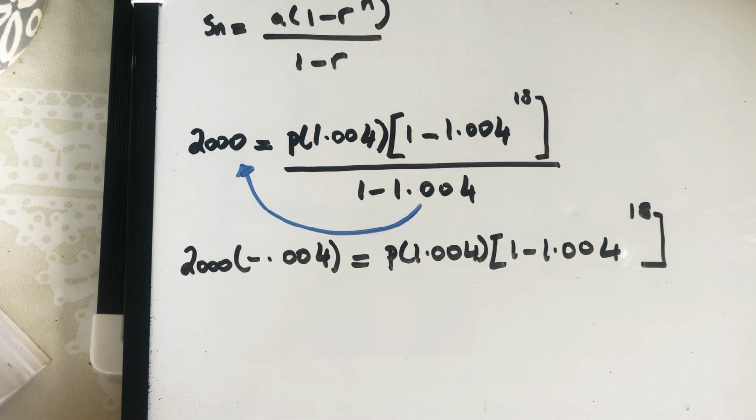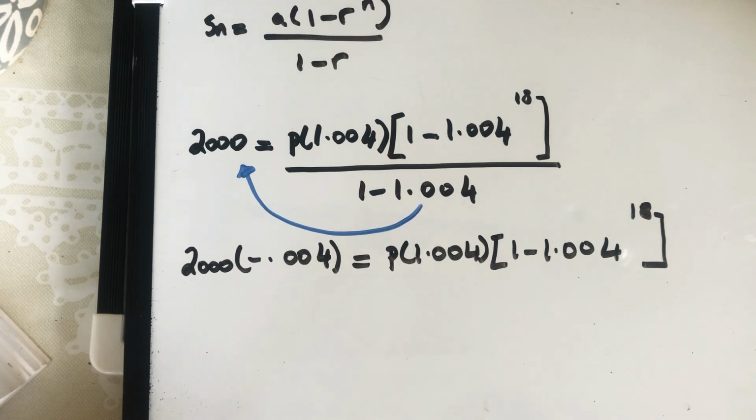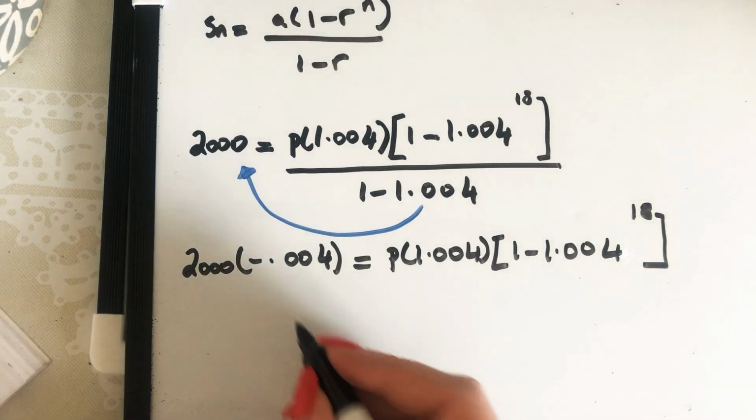Okay, so if we go to our calculator, I'm simply typing in 2,000 multiplied by negative 0.004, and we get -8.